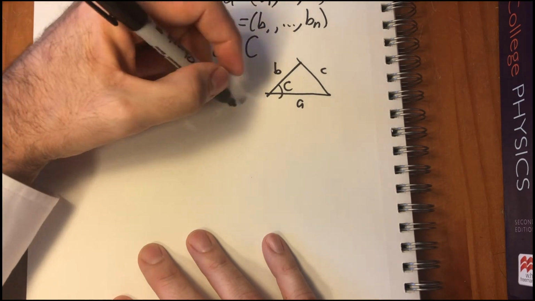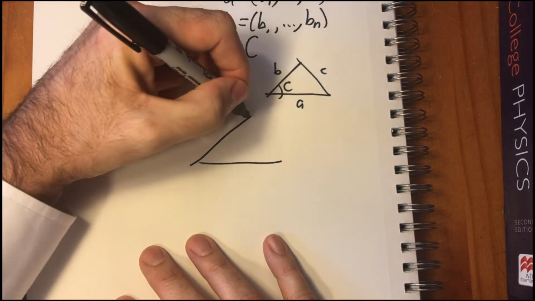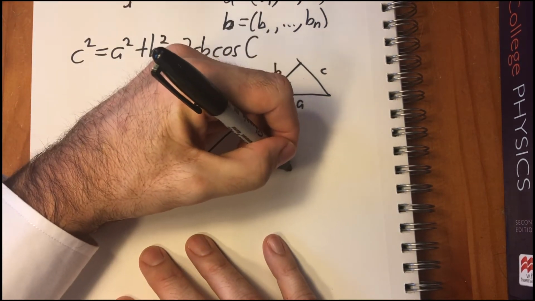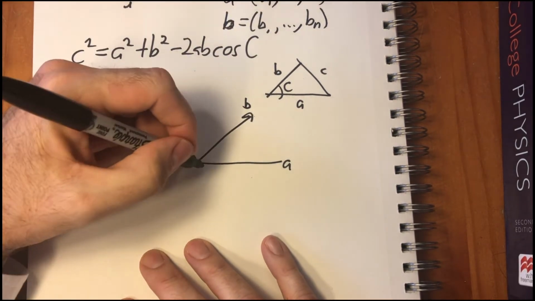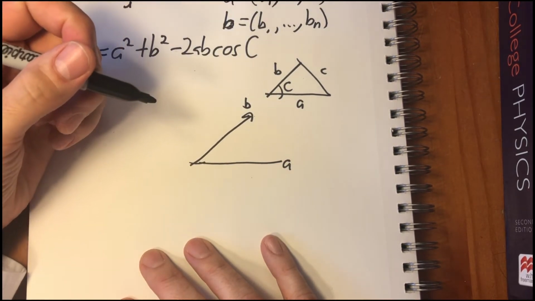So if we, just draw it a little bigger, we have two vectors.